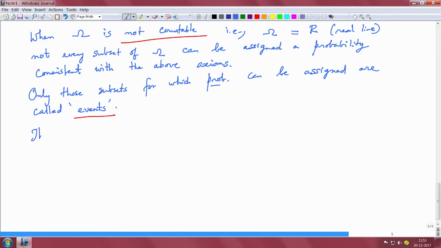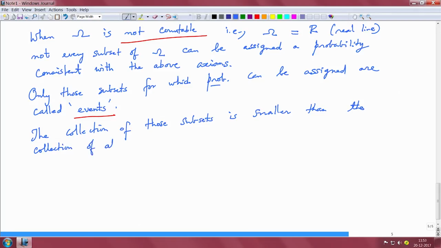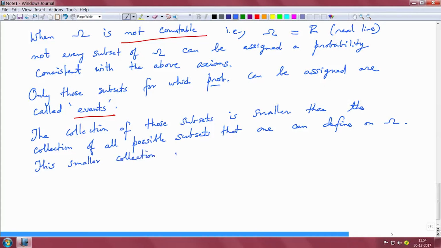Now, the collection of those subsets is smaller than the collection of all possible subsets that one can define on omega, and this smaller collection is called a sigma field.